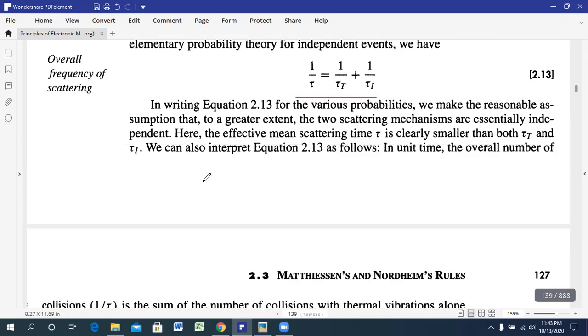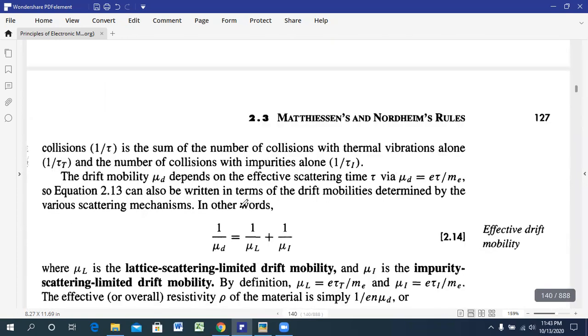Now, if we check the relationship between these collision times and the mobility, we can simplify things. 1 divided by mu d equals 1 divided by mu L plus 1 divided by mu I, where mu L is the lattice scattering limited drift mobility, and mu I is the impurity scattering limited drift mobility.